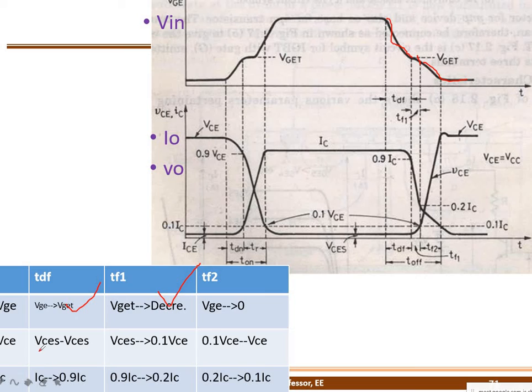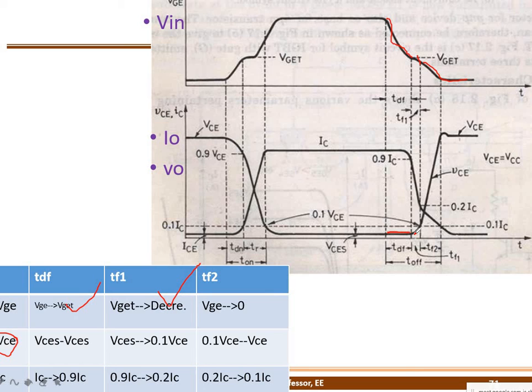So the input voltage is totally reduced. The next one, what is the condition of VCE? VCE means the output voltage. Where is the output voltage? This is the output voltage, this is a curve. During the delay time period, what will happen? It is maintained, so it maintains its position. Then the delay fall time is over.